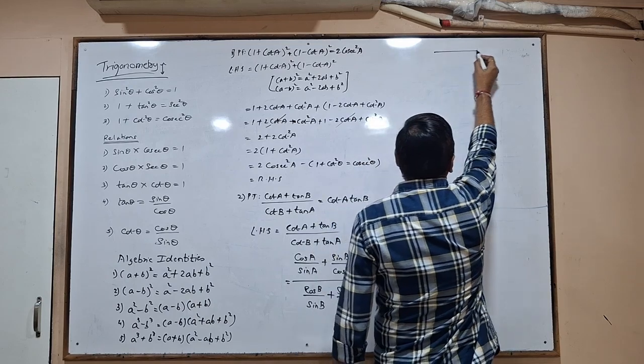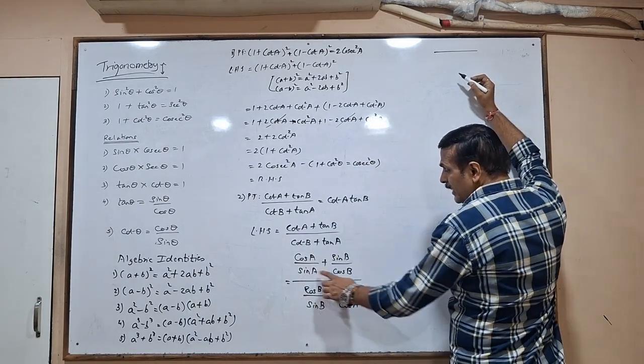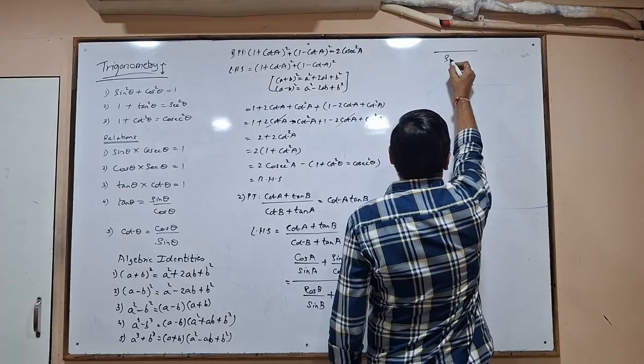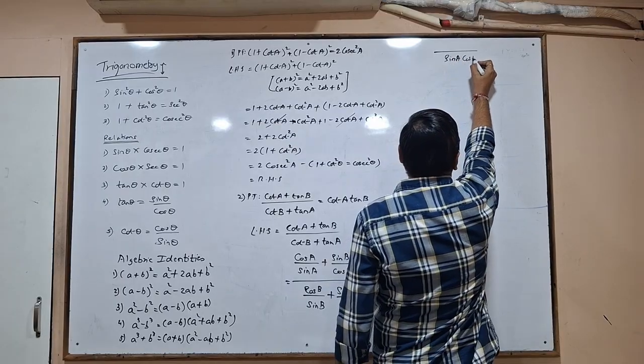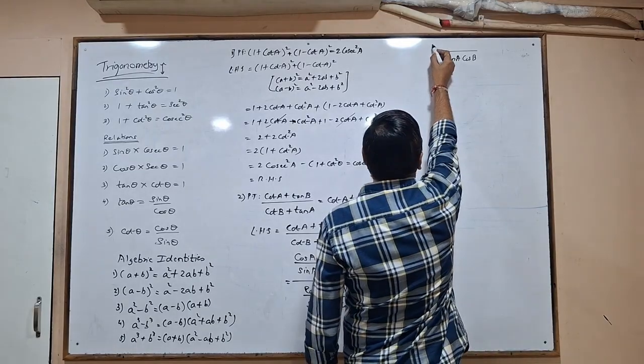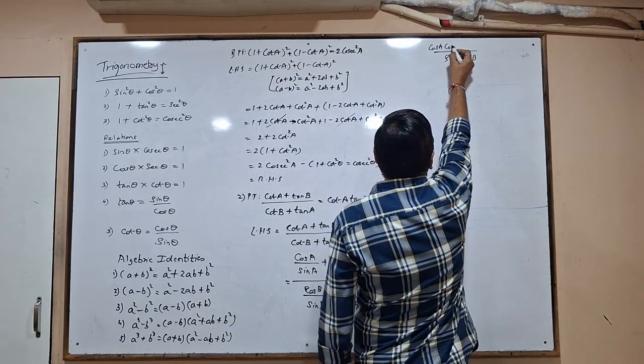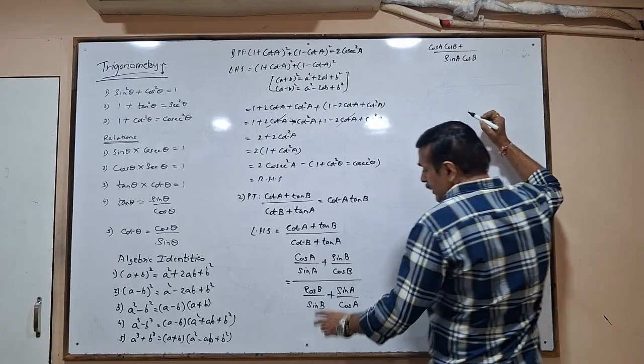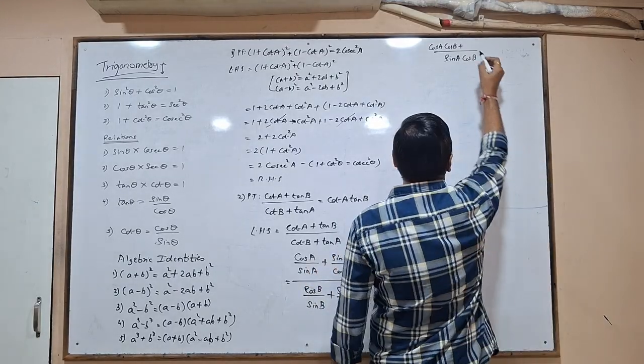In the first numerator, it is sin A and cos B. So sin A cos B. So this cos will multiply, so it will be cos A cos B. And this sin and sin will multiply.